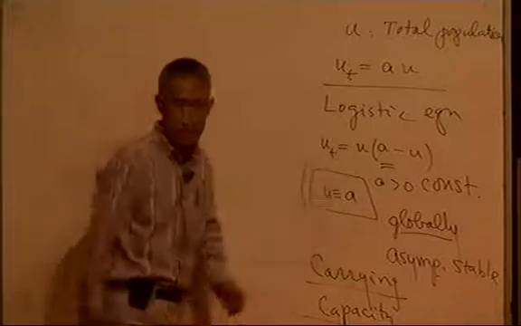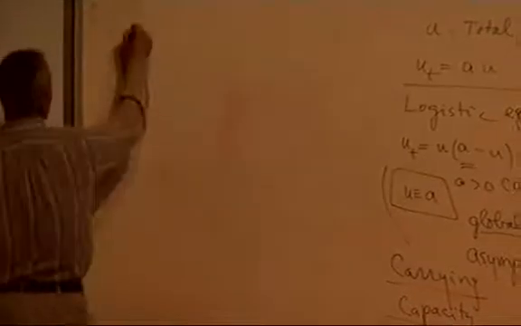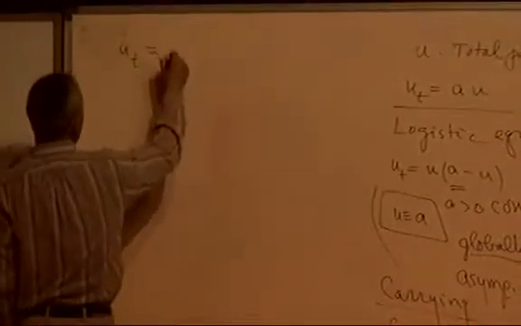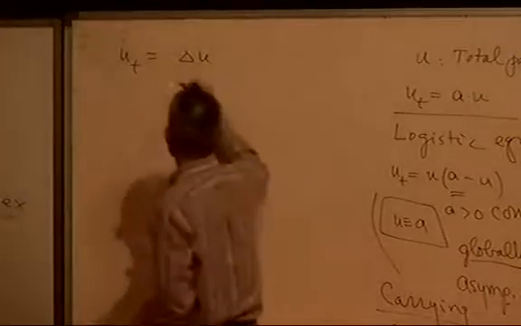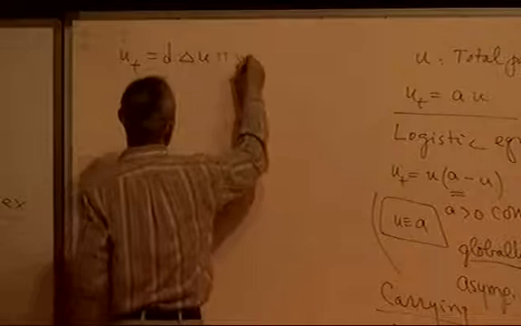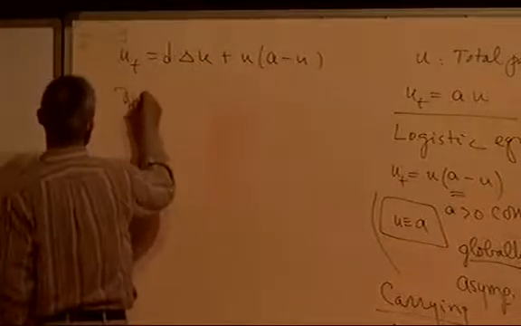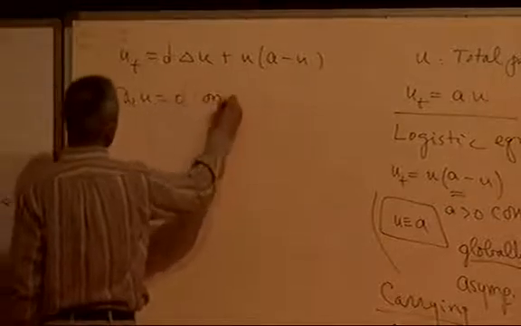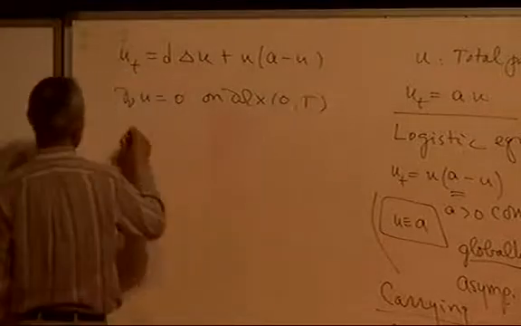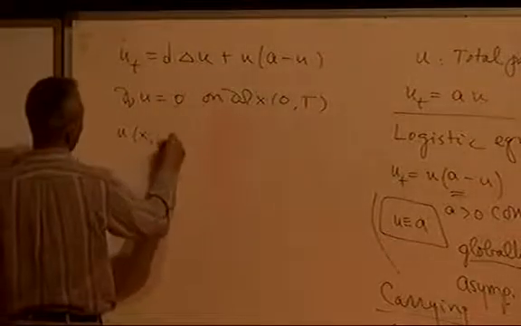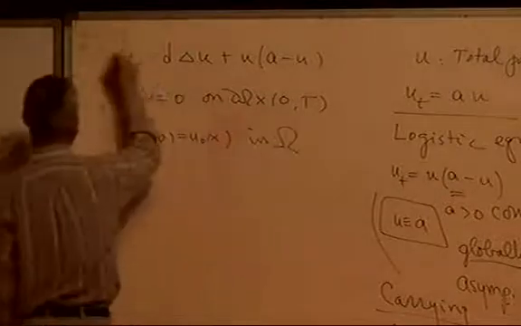So far it's very trivial. So what happens when you put in the diffusion? So we have U_t = dΔU + U(A - U), and we have Neumann boundary again, and initial value U(x,0) = U0(x), in omega.